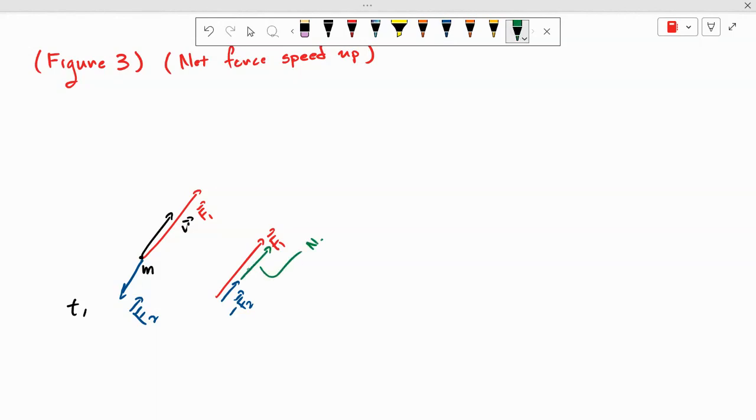This is going to be the net force. I'll just say the net force is in the green direction because I don't want to confuse you. You can clearly see that F1 pulls harder than F2.